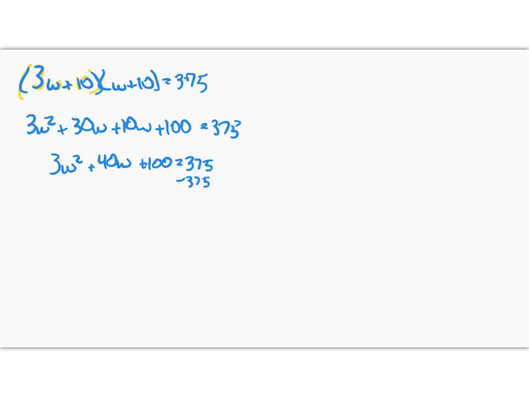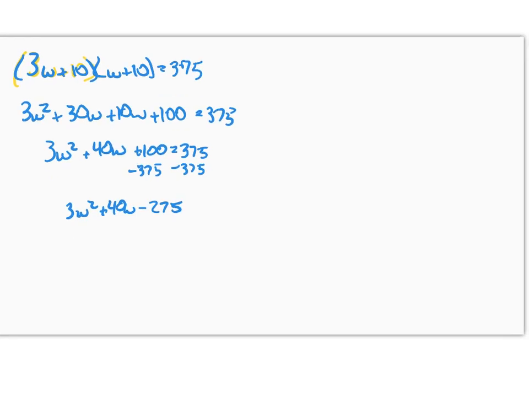Subtracting 375 from both sides, we get 3W squared plus 40W minus 275. Now, you could waste your time going back and forth through all kinds of numbers to figure out all the factors of 275 to get to 40, or you could just skip all that, and I know that W, which is the same as X, will equal negative B plus or minus the square root of B squared minus 4AC all over 2A.